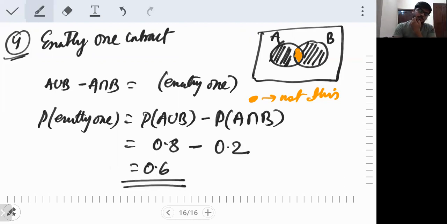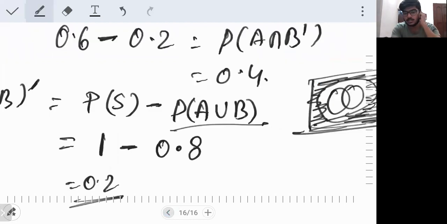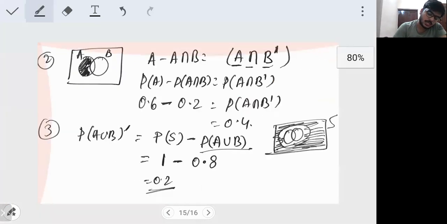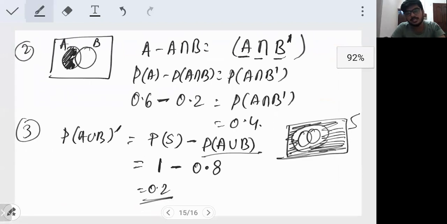So from this example, we have discussed almost the entire theorem. In the next class, we will discuss a few theorems and we will see the counting techniques. So till now we have discussed the formal definition of probability. After defining the formal definition of probability, we did some theorems, and on that theorem we did two questions.